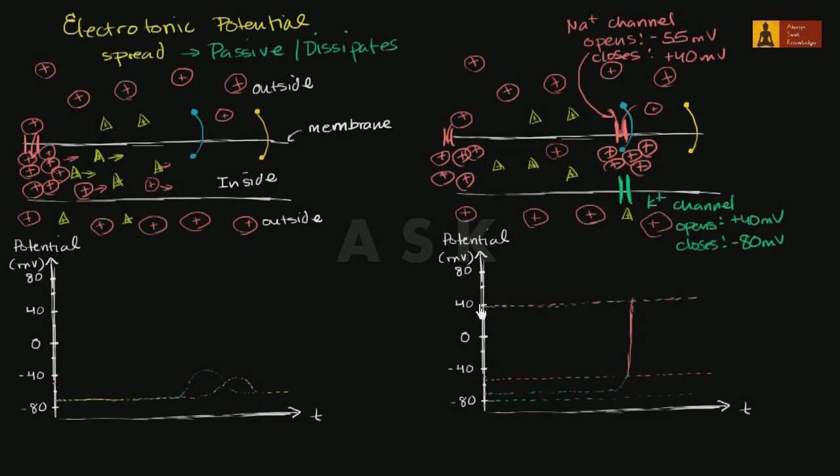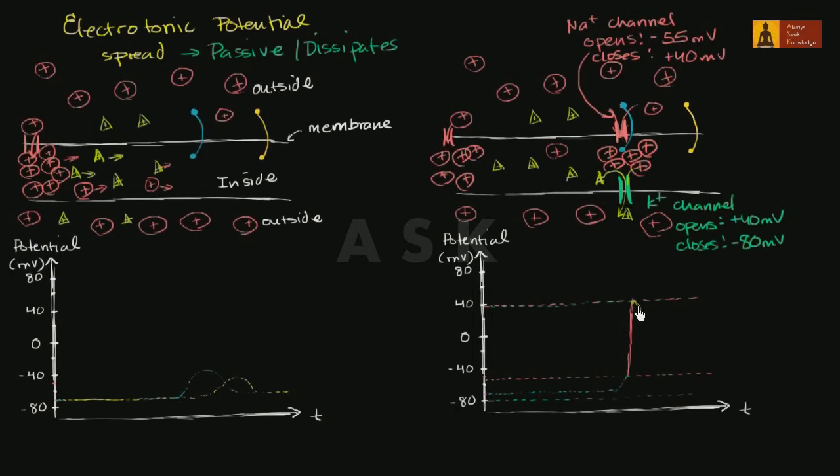But then as you get to positive 40 millivolts, this channel is going to close. So that's going to stop flooding in. And you also have the potassium channel opening. Now you're more positive on the inside than the outside, at least locally right over here. And so now you're going to have these positively charged potassium ions want to get out from this positive environment.